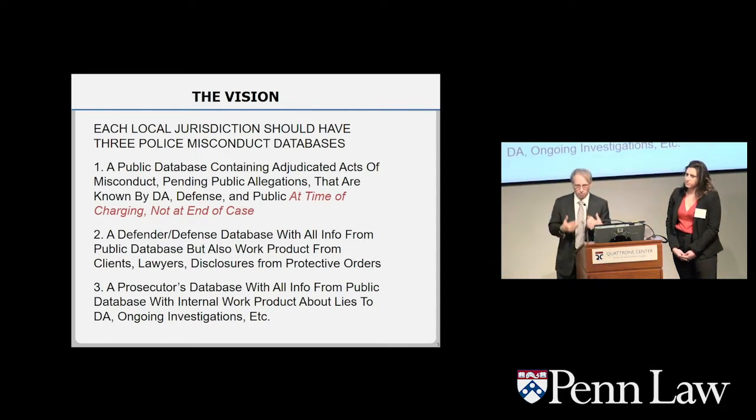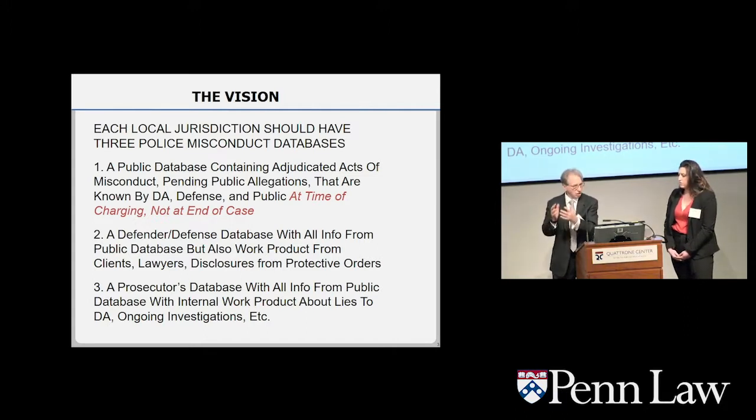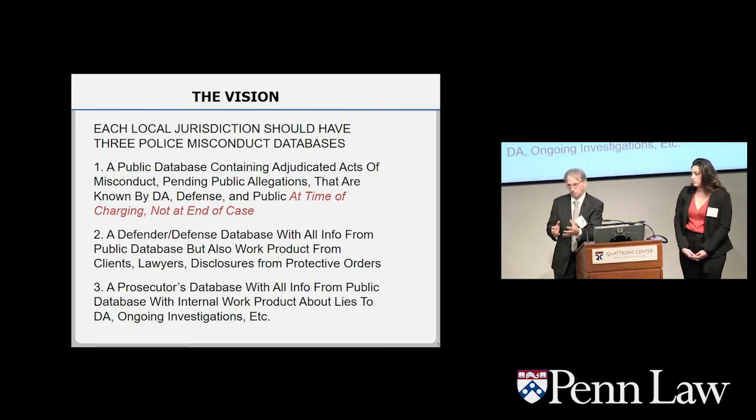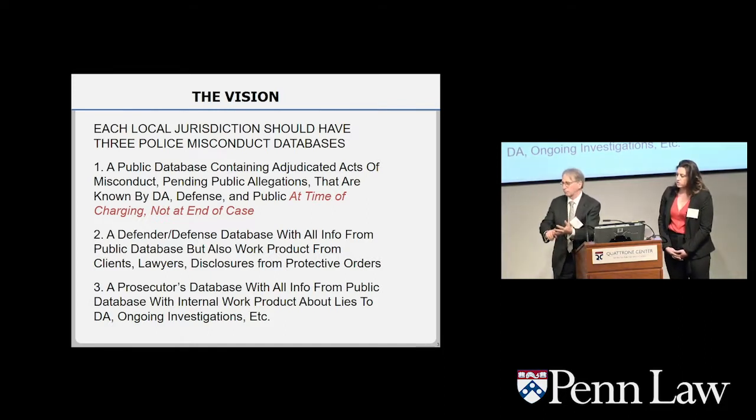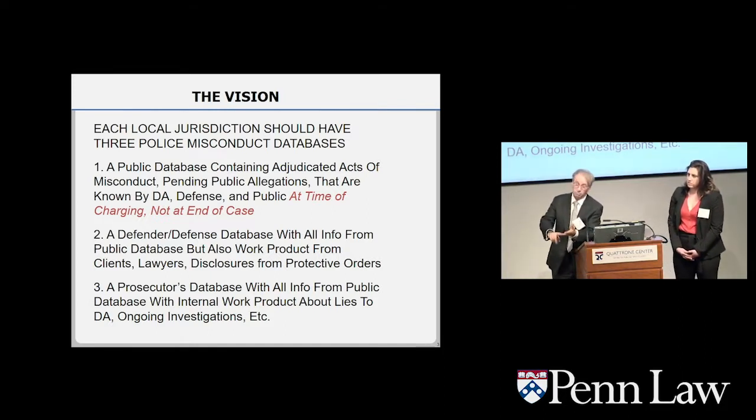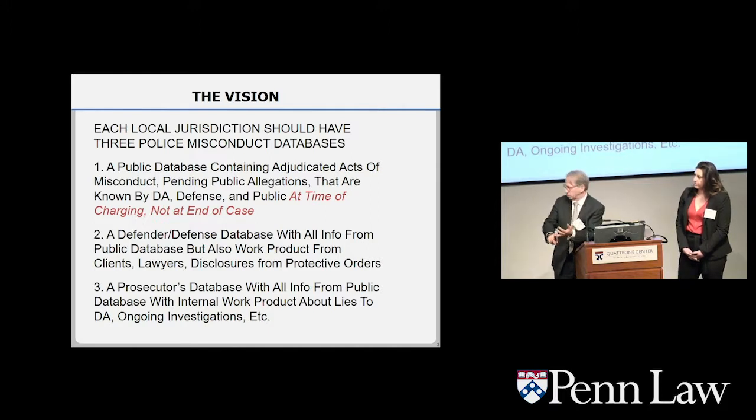A number of people have been working in this field. There is a public database that we'll talk about in a minute in Chicago, put together by a group called the Invisible Institute. It started with Craig Futterman, who was a civil rights law professor at the University of Chicago, and his best friend, a great journalist named Jamie Kalven.